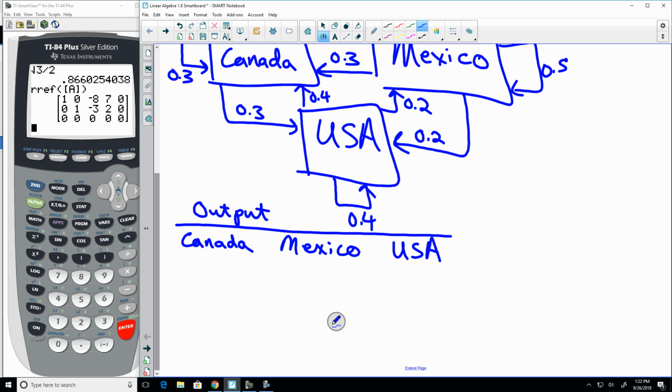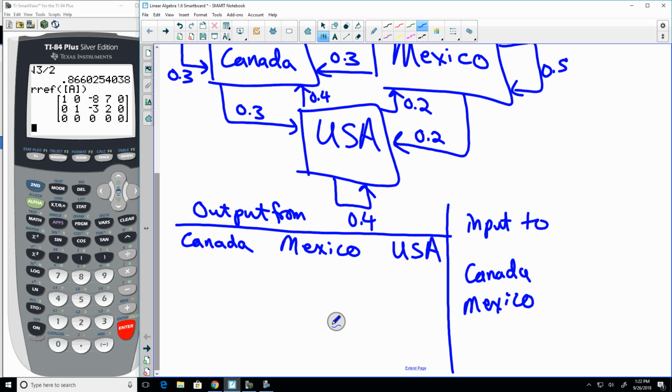We'll say output from. And then input to: Canada, Mexico, USA.